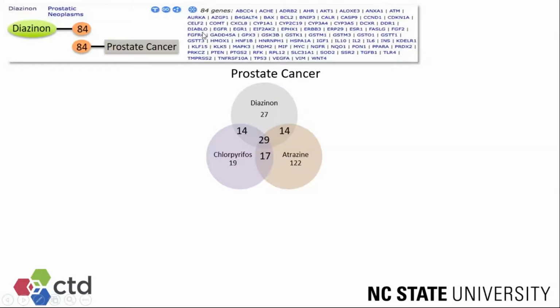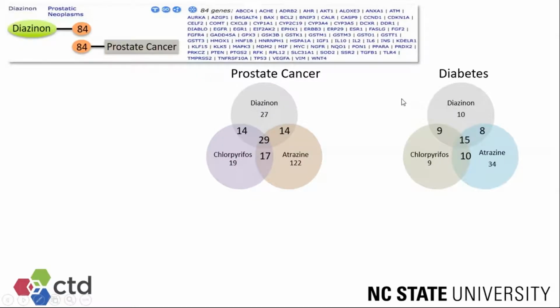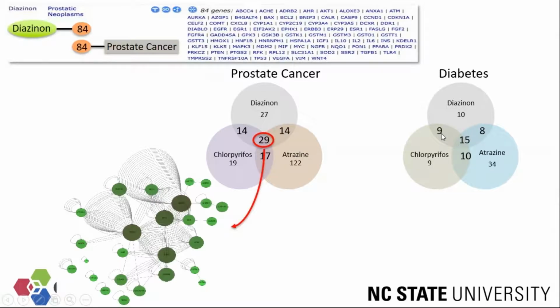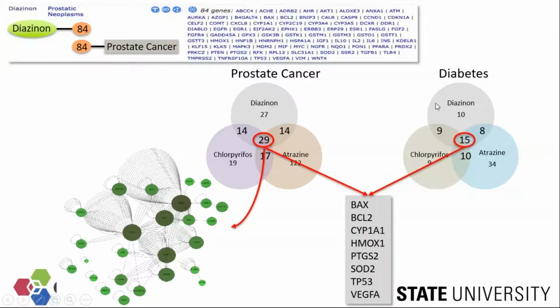And you can start to make connections and ask what it looks like for diabetes. In prostate cancer, across this collection of chemicals that we saw on the previous page, there's a common set of 29 genes. And between diabetes and prostate cancer, there's a common list of genes. So I hope that made sense.